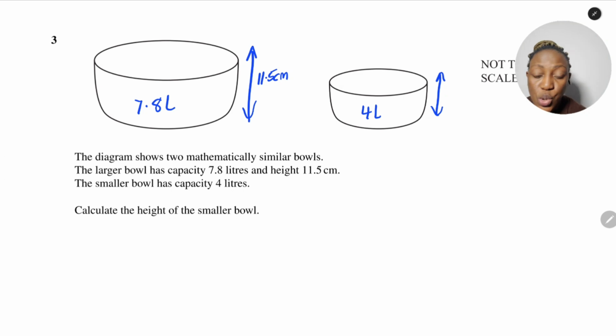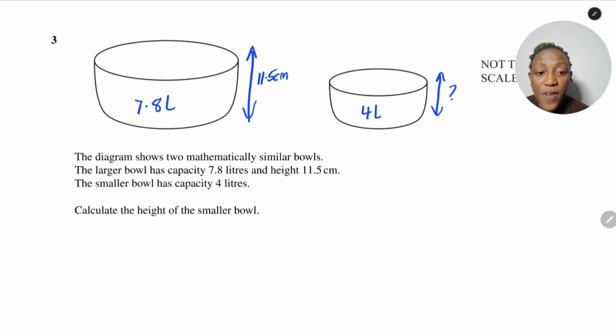All right, so to do this effectively, since we're told that they are mathematically similar, it means we need to think about the scale factor that both of them have. Now the two values we know in this particular question are the capacity of both. And capacity is a function of the volume.